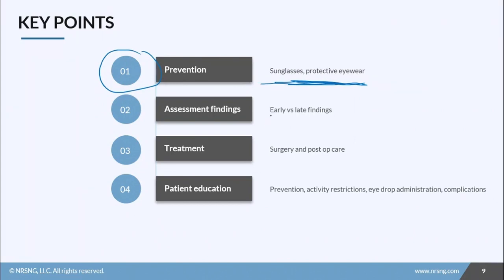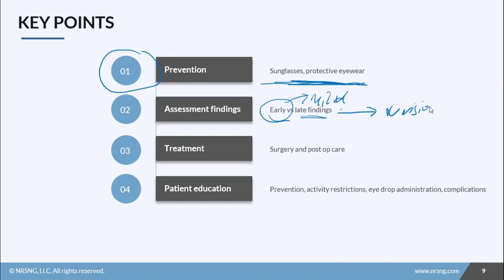The assessment findings, early versus late. Early, just mild changes in vision, slight blurriness, slight color changes. And late findings, it's going to be a more drastic decrease in vision, as in increased blurriness.